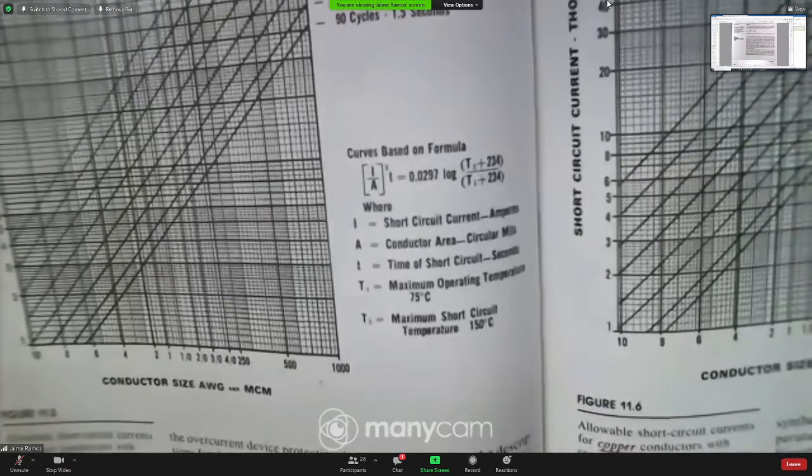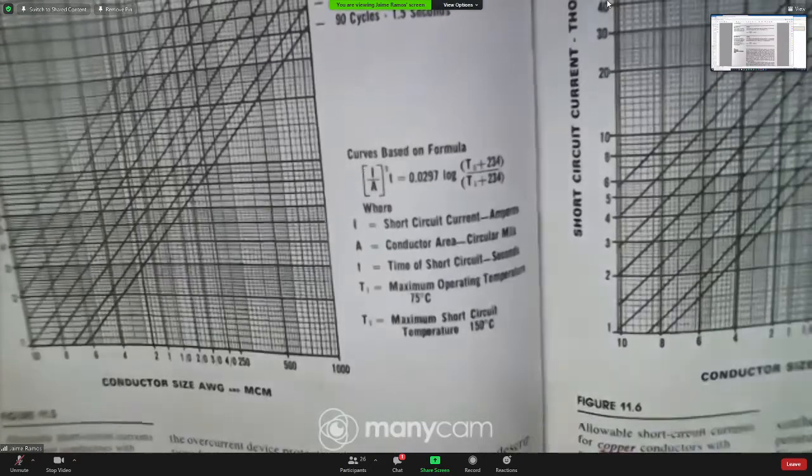And then the aluminum, again the same conductor, but then the short circuit current drops very quickly.